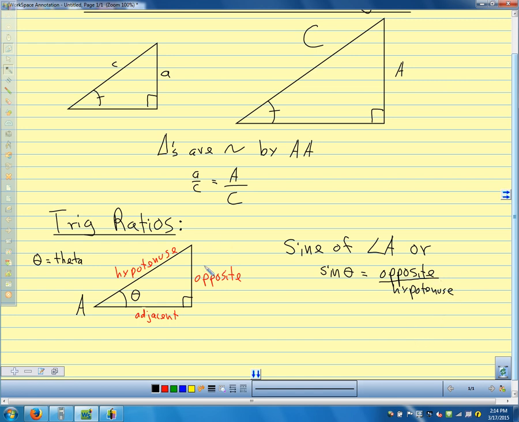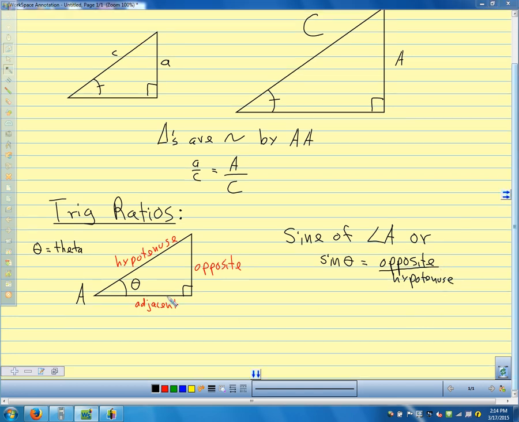So we just give a special name to that ratio. And as long as the right triangle has that angle theta, whatever that angle is, that opposite over the hypotenuse ratio is always going to be the same.